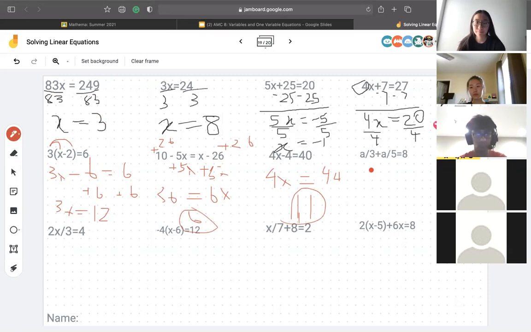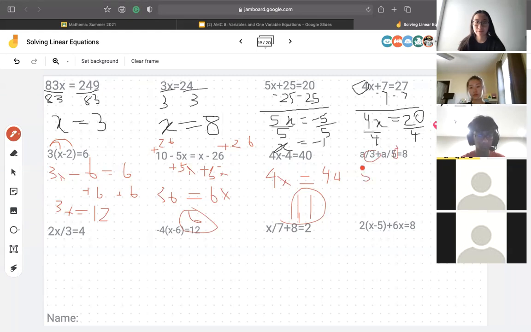Okay, and then this final one. So one way you can approach this is just to multiply both sides by 15, because that's the common denominator of these.